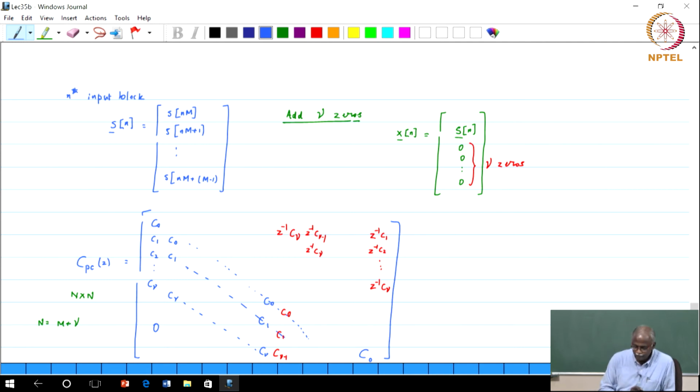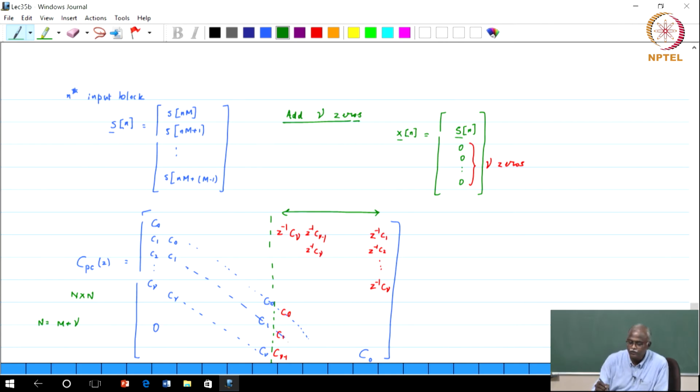Okay. Now, if I were to draw a line here, basically until the C0 to C nu form a Toeplitz portion, can you tell me what will be the dimension? How many columns have I captured here? Look at the last row, it goes from C0 to C nu minus 1.